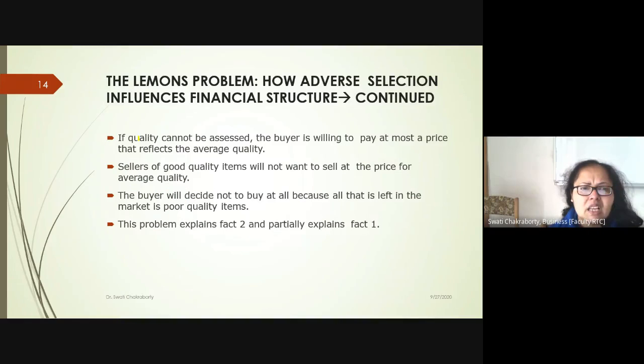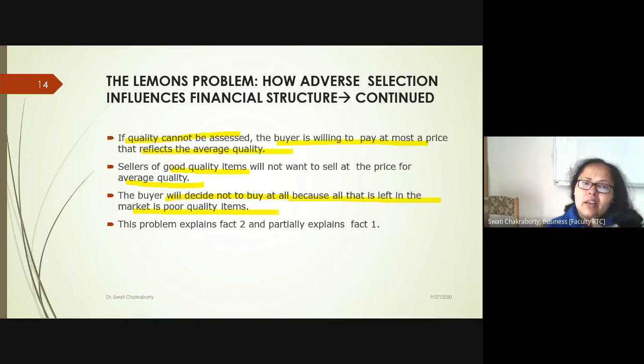Okay. But if quality cannot be assessed, then what happens? A buyer is willing to pay at most a price which reflects average quality, right? And sellers of good quality items will not want to sell at the price for average quality. Buyers will decide not to buy at all, because all that is left in the market is poor quality items.